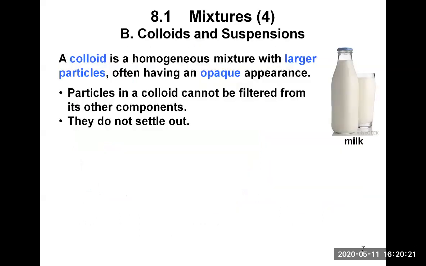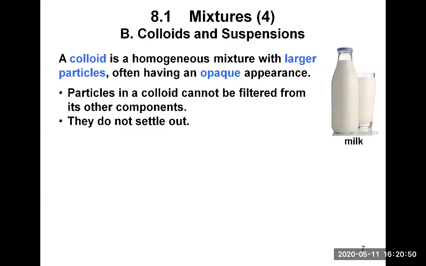So we will go through two more terms or vocabulary that are colloids and suspensions, which are not solutions, but it's another way to classify mixtures. So a colloid is a homogeneous mixture with larger particles than solutions would have. Because of that, they are often opaque.